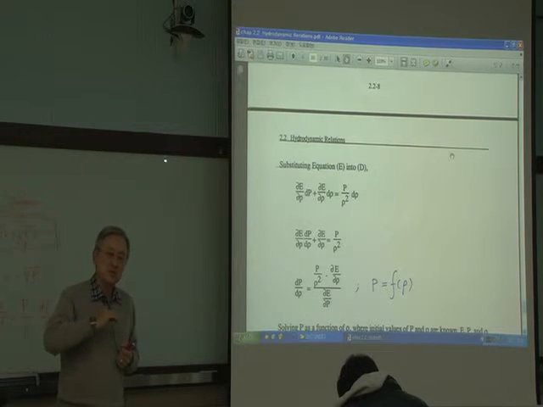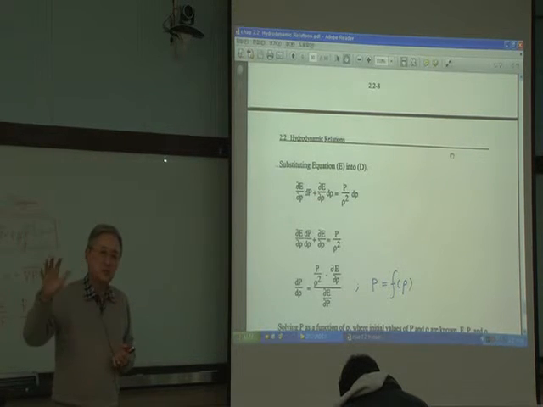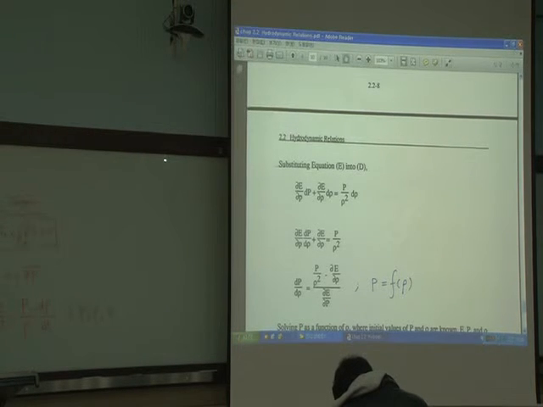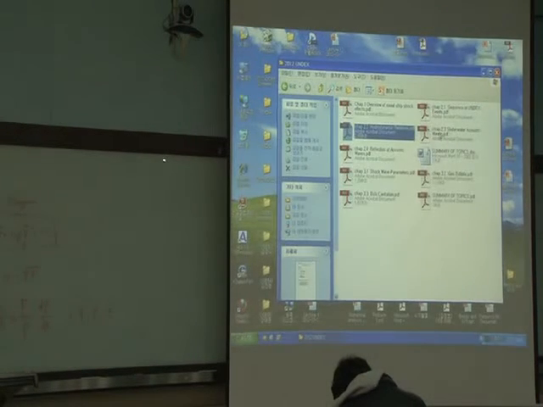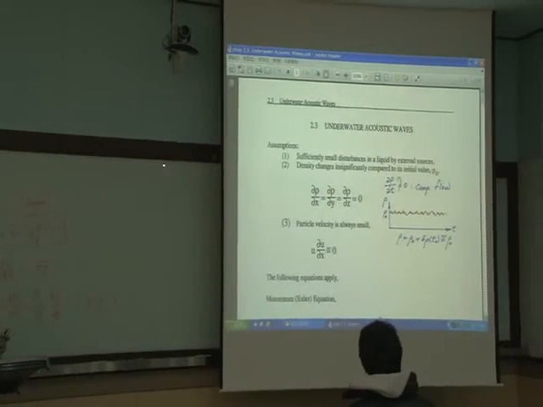Then I'm going to use all these relations to express the underwater acoustics wave equations, okay? Any question? Simple.